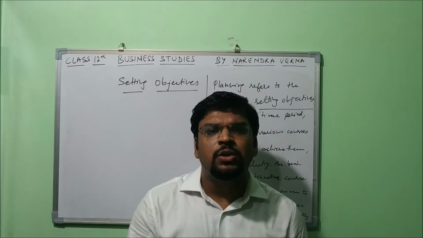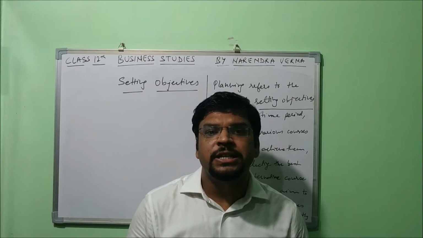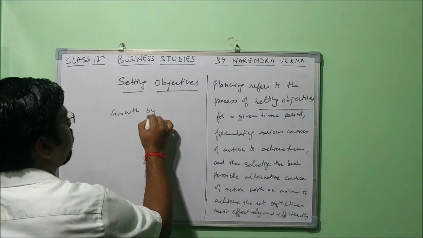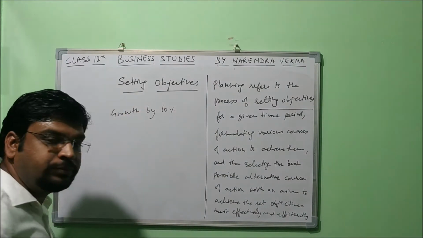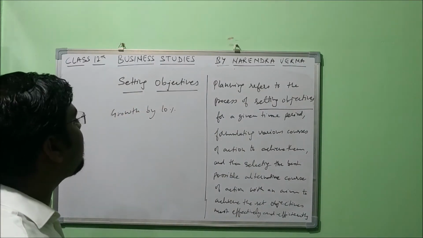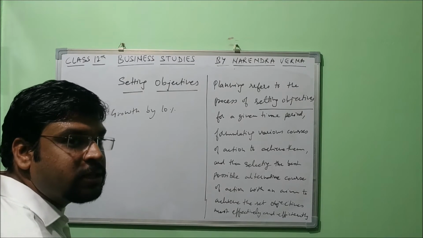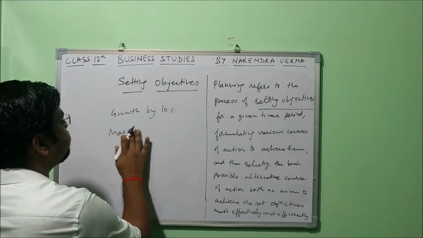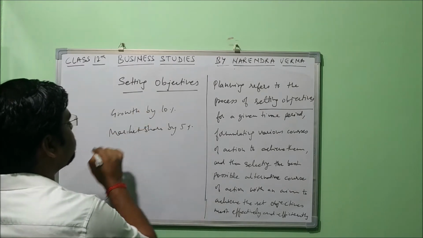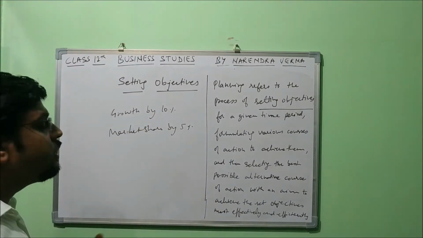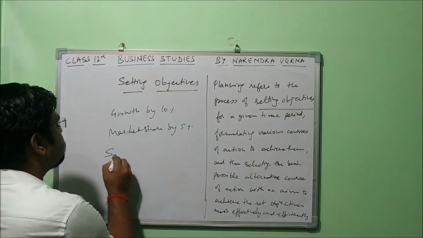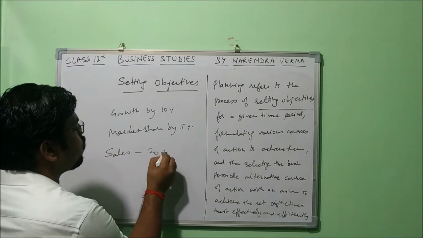For example, one organization may have the objective for 1 year to get growth by 10%. Another can have the objective to increase market share, say for example by 5%. Another organization can have the objective to increase sales, say for example 20%.